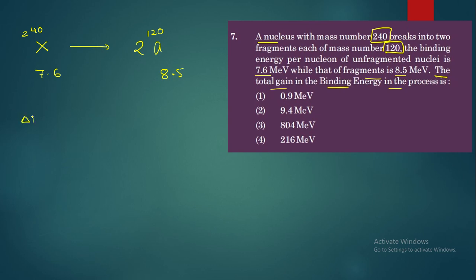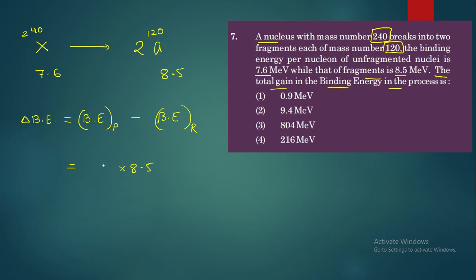So let's calculate the gain in the binding energy, which is equal to the total binding energy of the product minus the total binding energy of the reactant. What is the total binding energy of the product? Well, in the product, binding energy of one nucleon is 8.5.